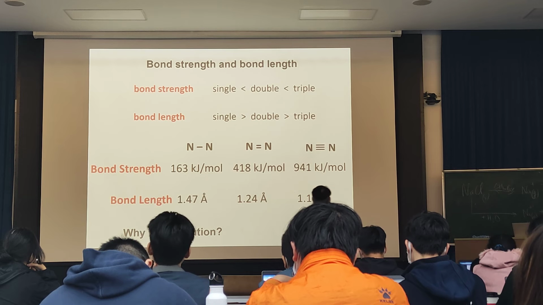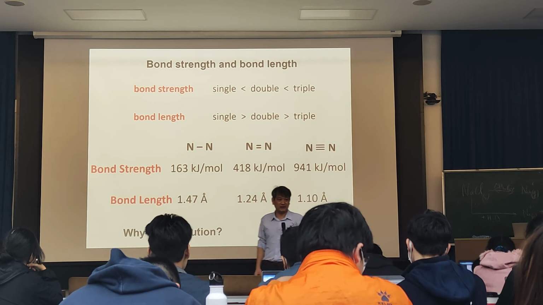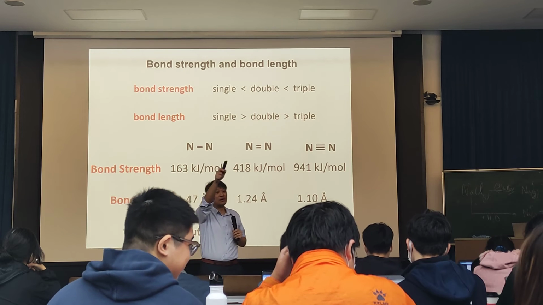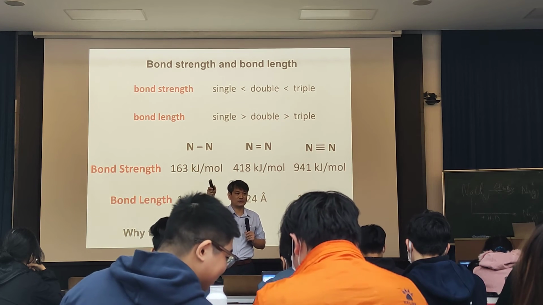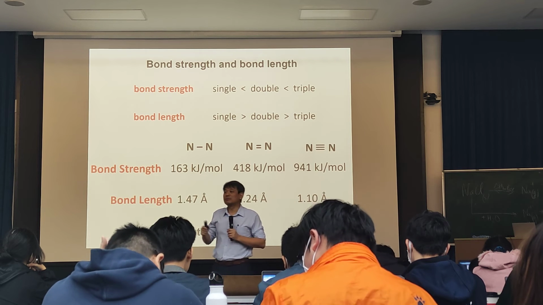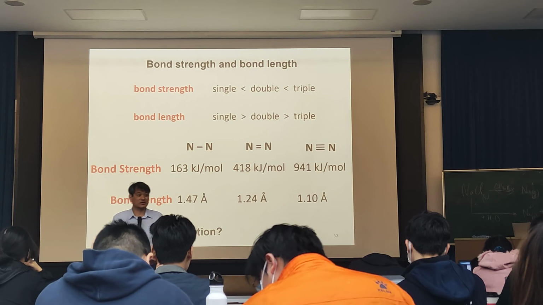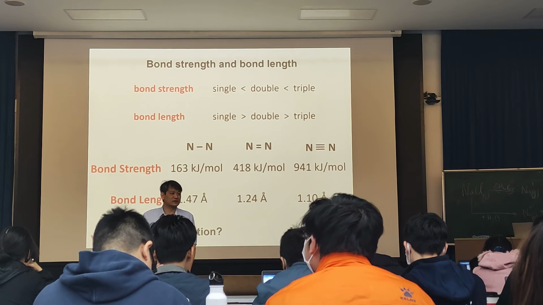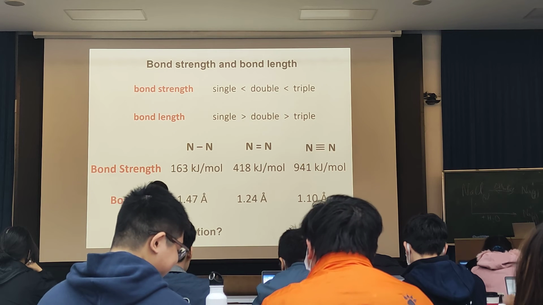And because of this, the molecule of nitrogen is extremely stable, right? It's very stable. It makes up almost 78% of our air. So when you learn at high school, you learn about a very important chemical reaction in the chemical industry: N2 plus H2 equals NH3, right?